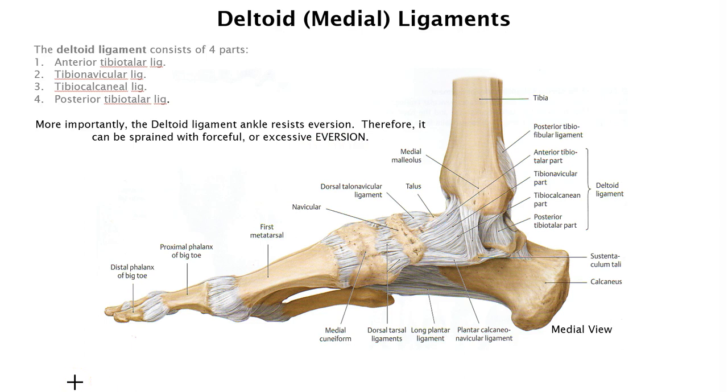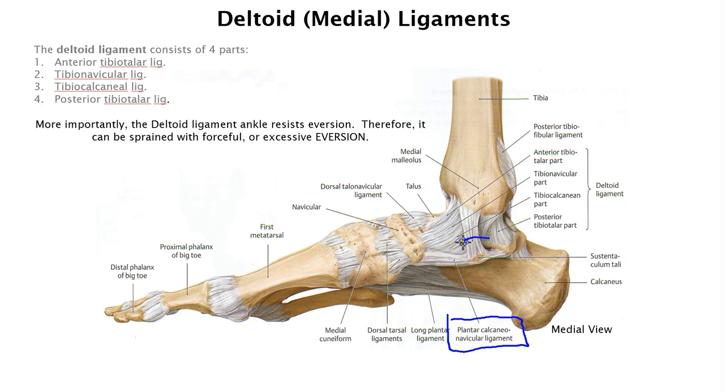While we're on this slide, I'd like to point out one other ligament that technically is not crossing the ankle joint. This is the spring ligament, or the plantar calcaneonavicular ligament. The spring ligament is very important for providing structural integrity to the foot, particularly for the medial arch.